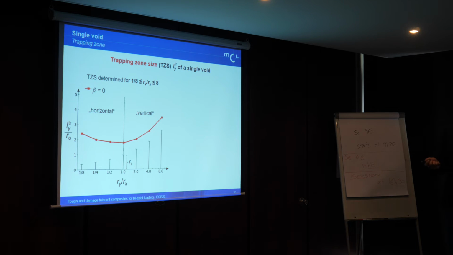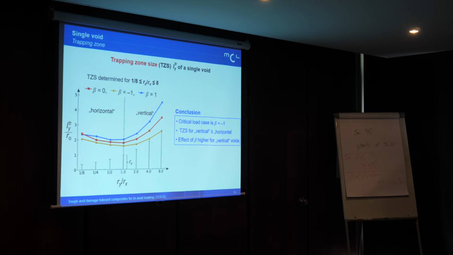We determined the trapping zone size over a range of void aspect ratios from 1/8 to 8 and plotted it over the void aspect ratio. We determined this also for the load cases beta minus 1 and 1, where we can conclude, for example, that the critical load case is beta minus 1, the tensile-compressive load case, which has the smallest trapping zone size.